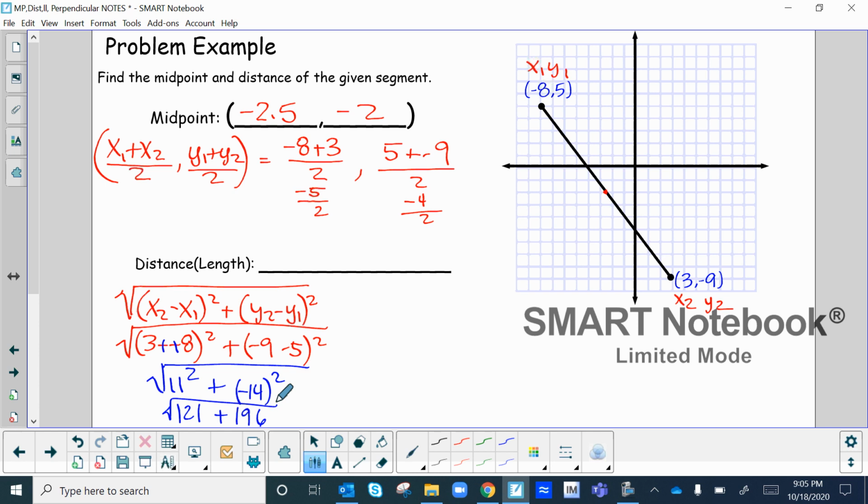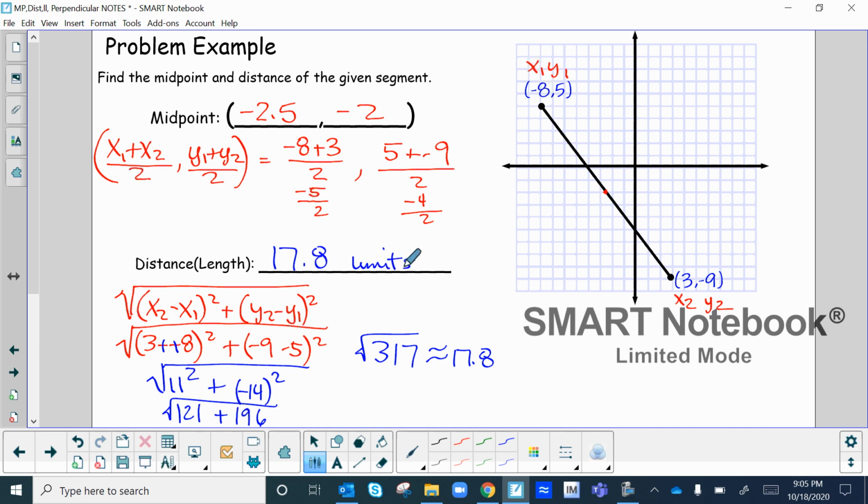Don't forget to always write your square root. 196 plus 121 is 317. Square root that. Again, you can use your calculator. And this is about 17.8. Okay, so the distance or the length of that segment is 17.8 units.